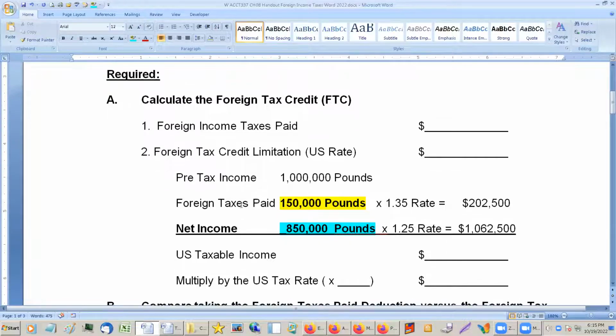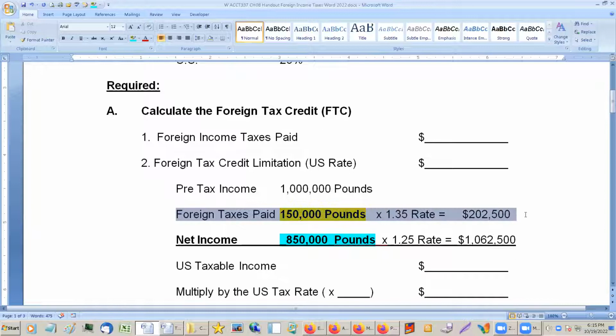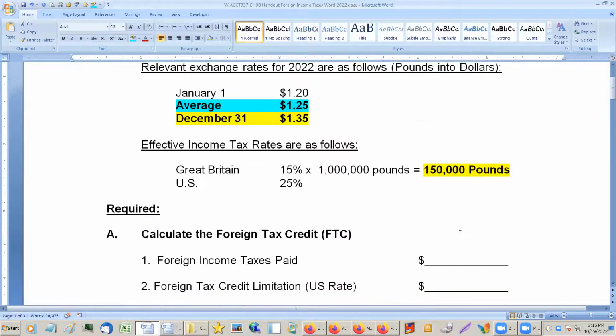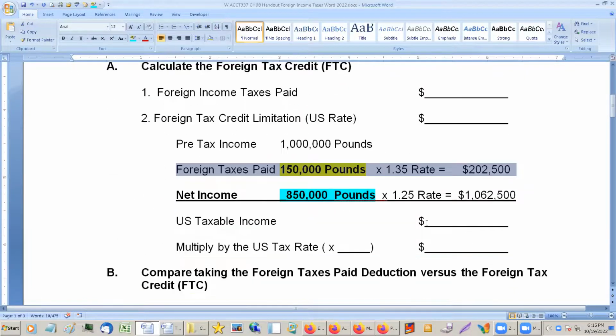And notice that this is an expense, so this will actually reduce the total amount that we're going to pick up for our income. So we're going to take these two and add them together.